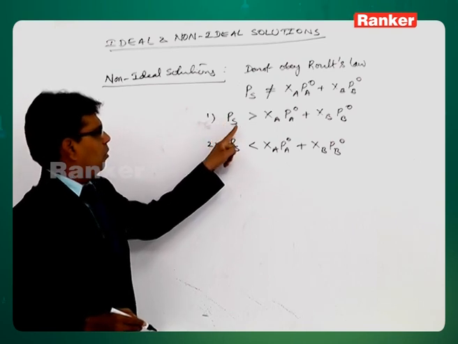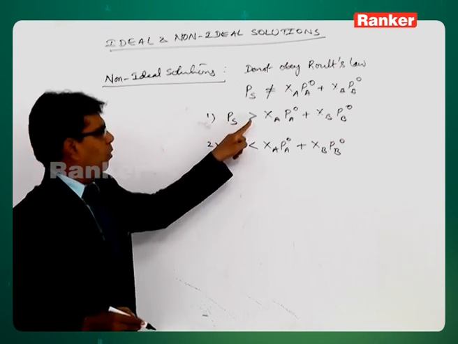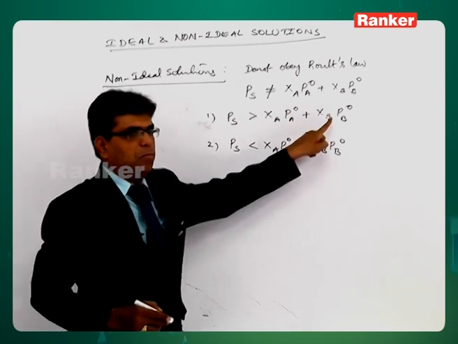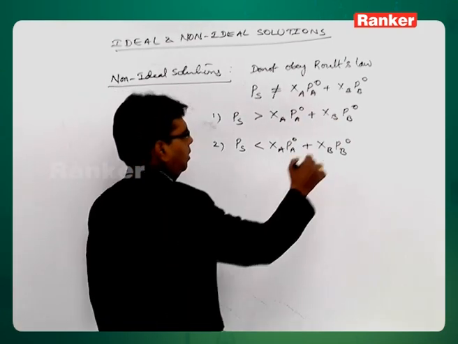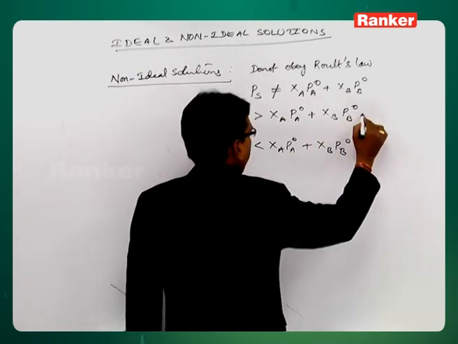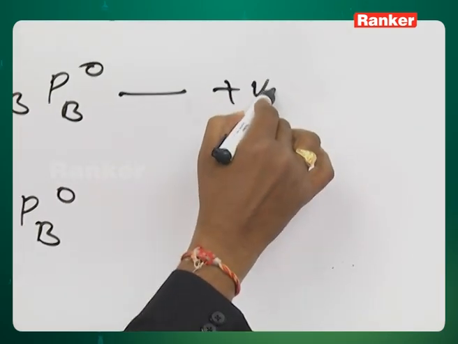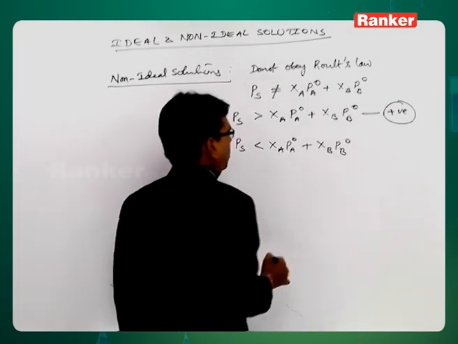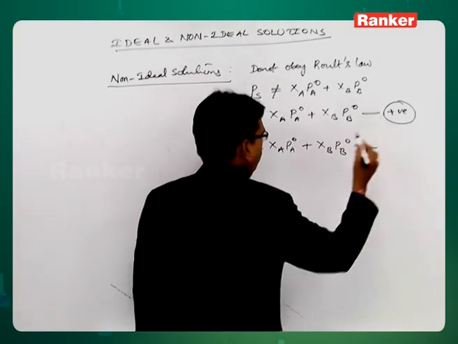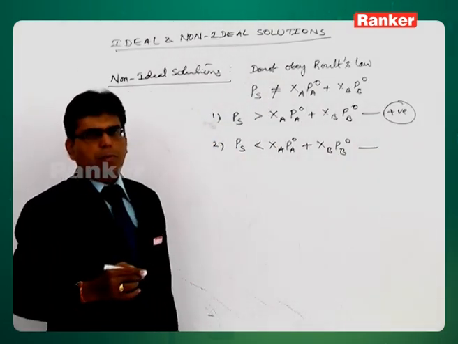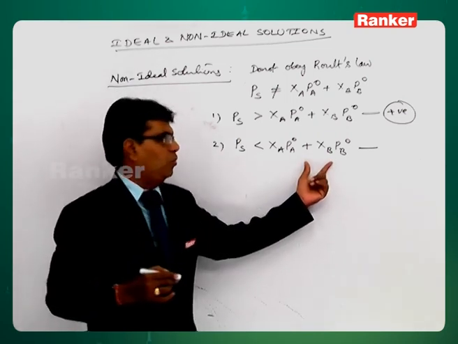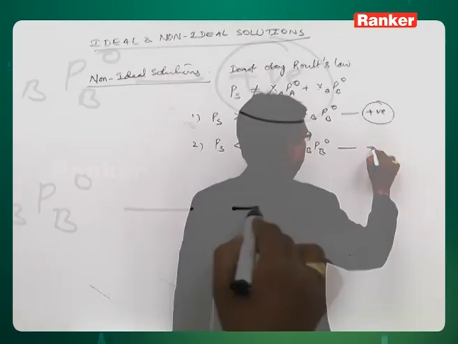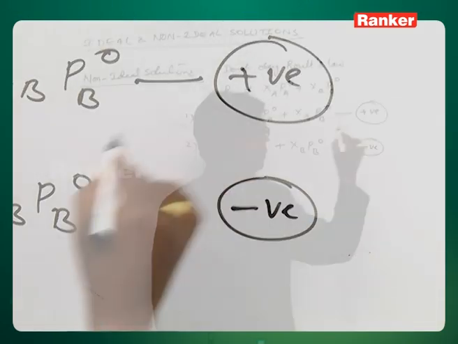Now, those solutions in which the vapor pressure of a solution is greater than the sum of the partial pressures of the two liquids, that is what we call solutions with positive deviation, and those solutions in which the vapor pressure of a solution is less than the sum of the partial vapor pressures of the two liquids is what we call solutions with negative deviation.